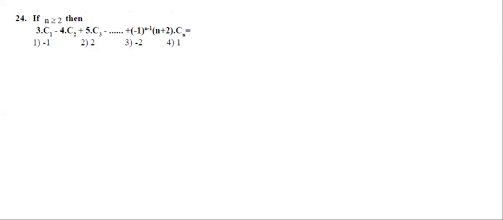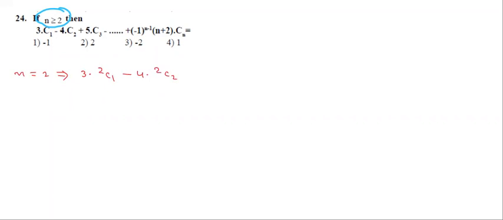Here, what condition are they given? Observe that n is greater than or equal to 2. So first I am going to take n is equal to 2. If n is equal to 2, substitute this value in the question: 2C1 minus 4 into 2C2 plus 2C3.